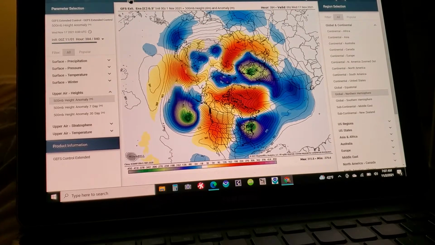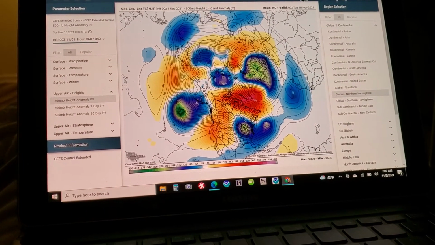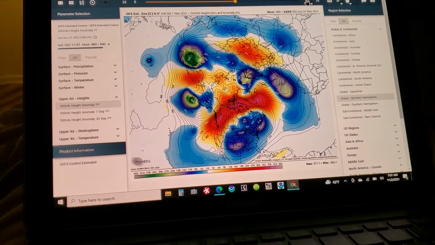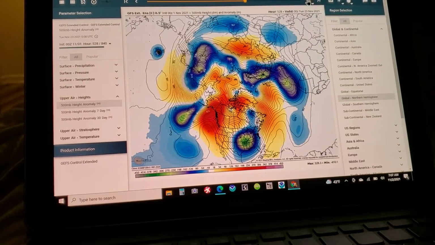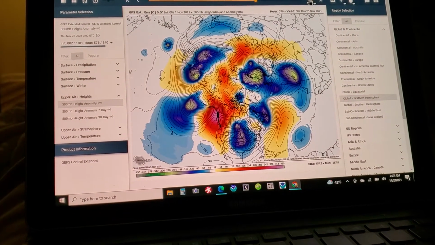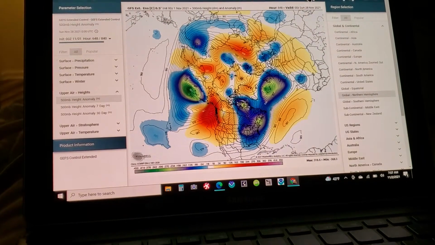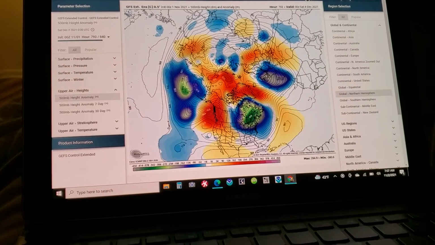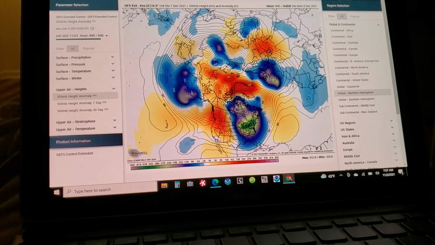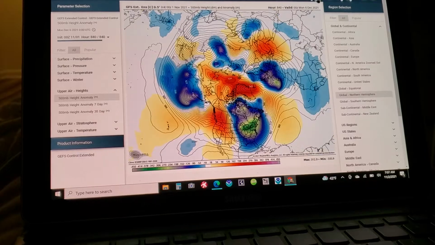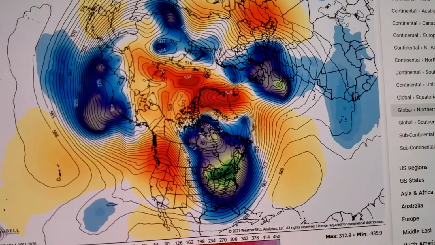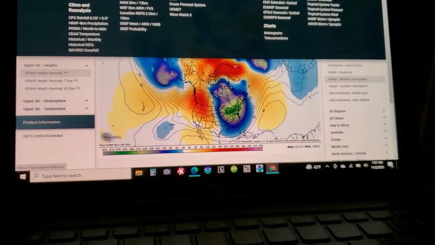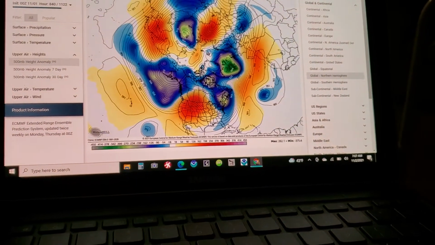Almost retrogrades a little bit or pulls back. There. Look at that. December 3rd, 5th, 6th. End of the run. My opinion, game on. I'll look at the weeklies and see what the weeklies had for yesterday.